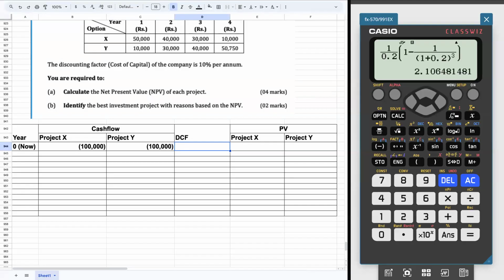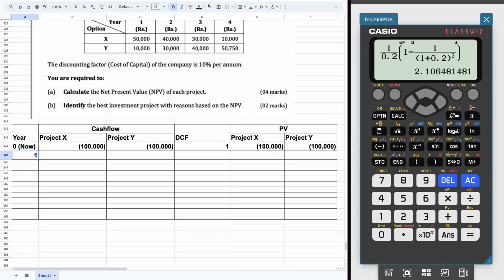It is not in the future, it is now. So the project X initial cash outflow of 100,000 into discounting factor 1 is 100,000, and project Y outflow into discounting factor 1 is also 100,000.